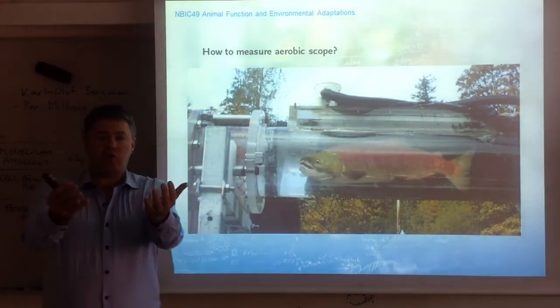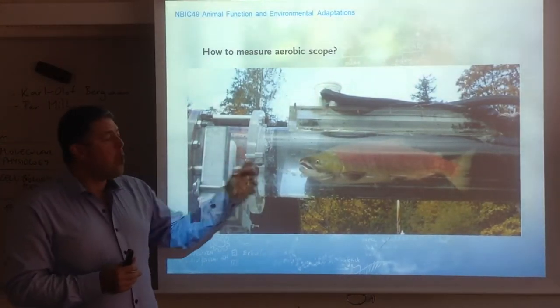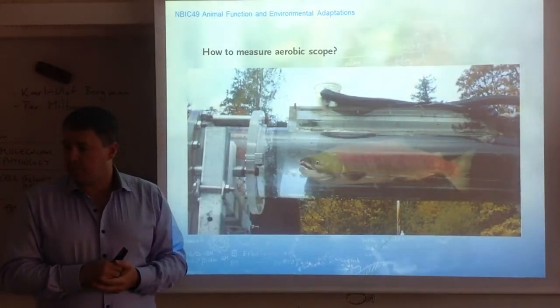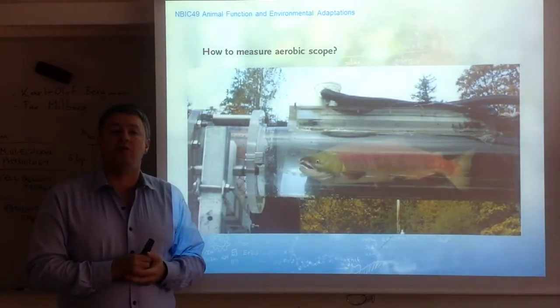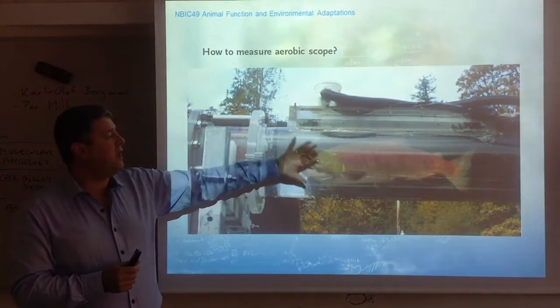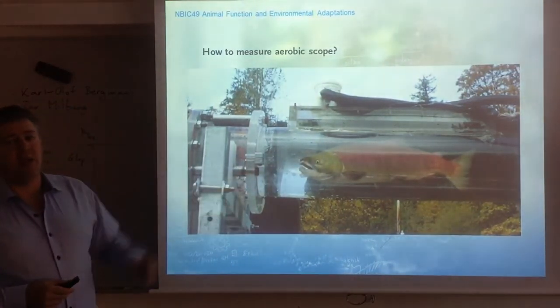When the fish sees water coming along, the fish swims. The faster the water passes, the faster the fish swims. And this is a closed chamber, therefore you can measure how much oxygen is being used by the fish. So those are the tools used to determine the aerobic scope in the case of fish.